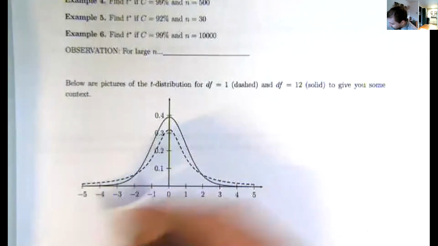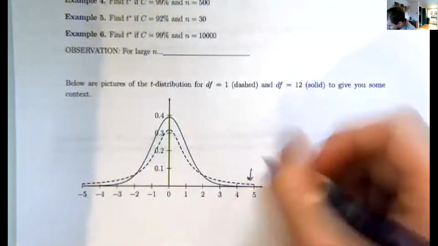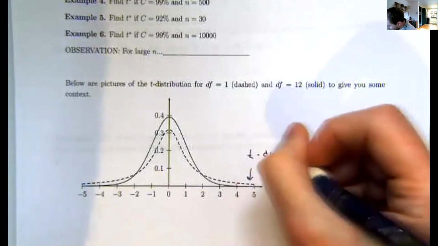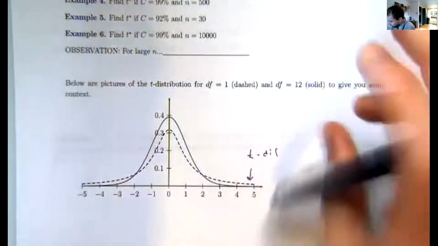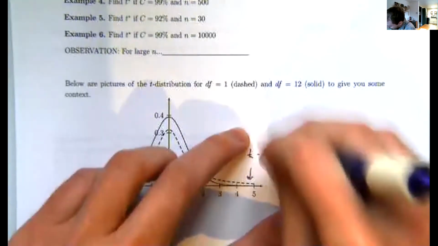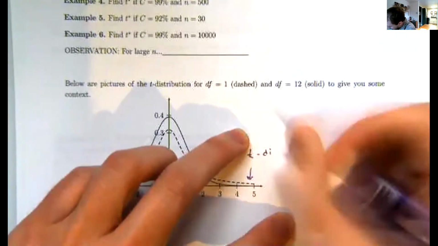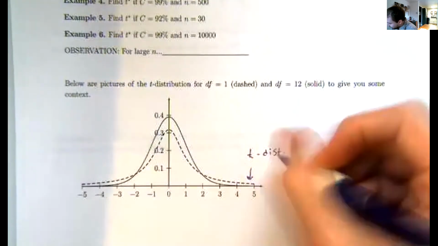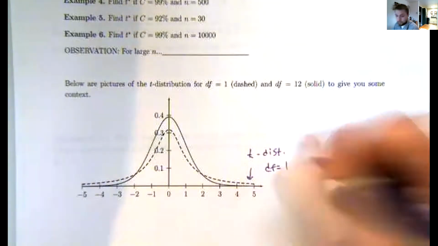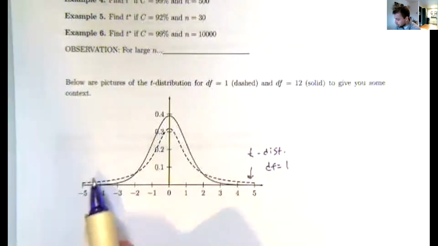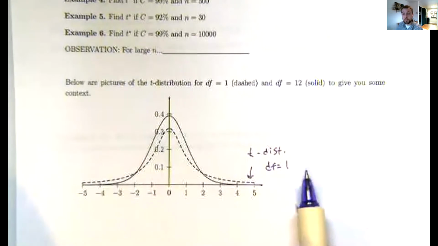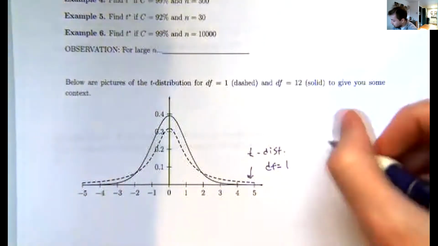So this dotted line ends up being a t-distribution with a degree of freedom of 1. And if you look at this and you thought, well, that just looked like the normal distribution. It almost is the normal distribution.